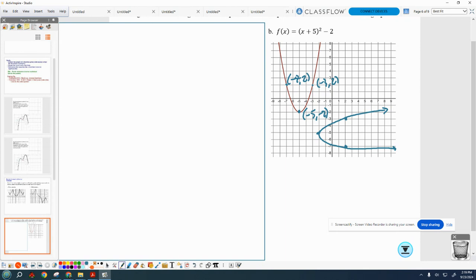Zara, is my original function, this parabola, a function? Yes. Virginia, is it a one-to-one function? No. Oh, you were quick with that, so how do you know? Okay.